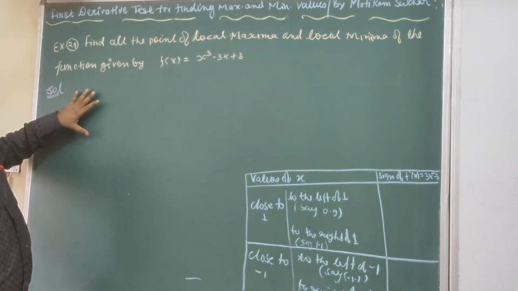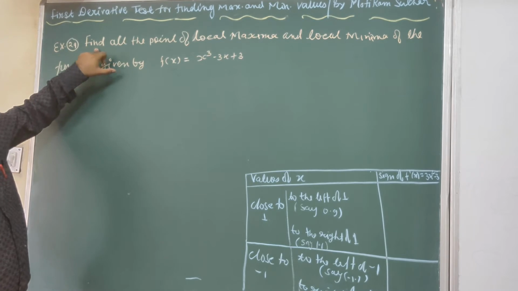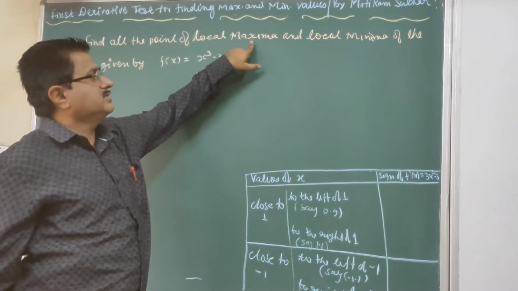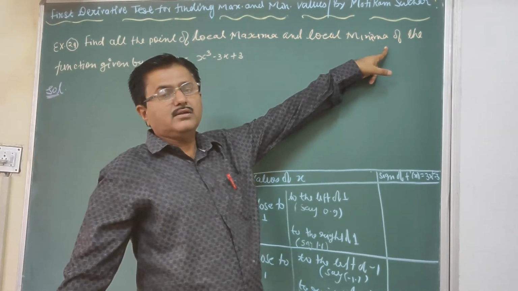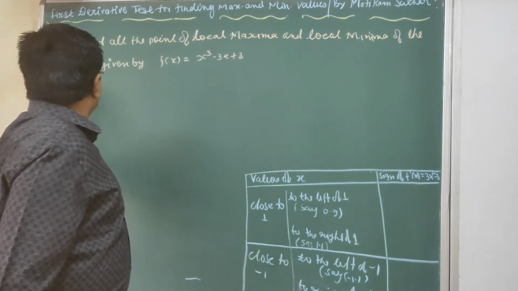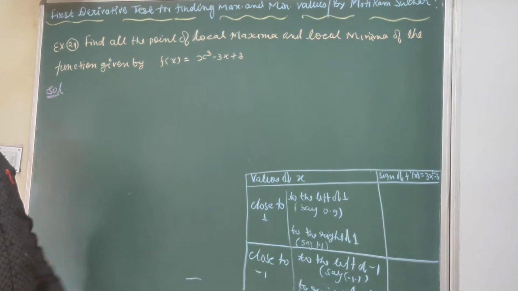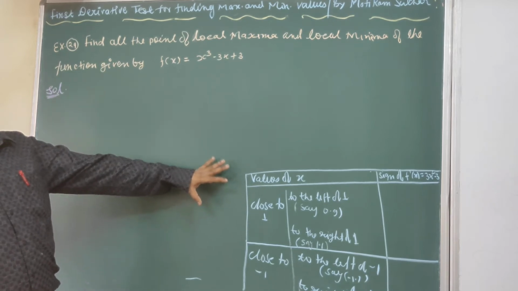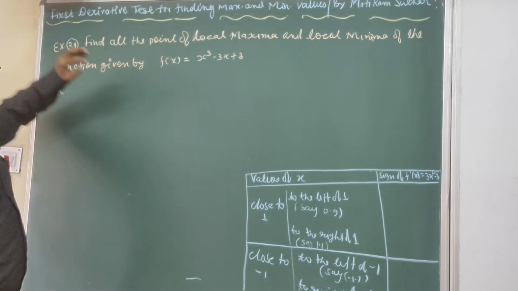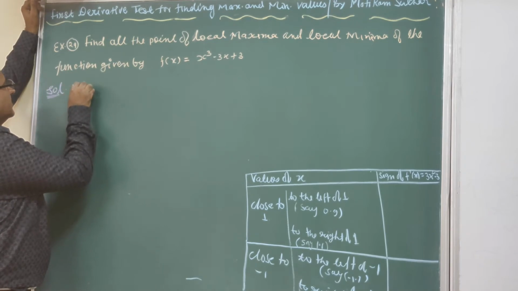So you can write down this example 29. Find all the points of local maxima and local minima of the given function. So this is the first derivative test. It means you have to find the derivative of this function.